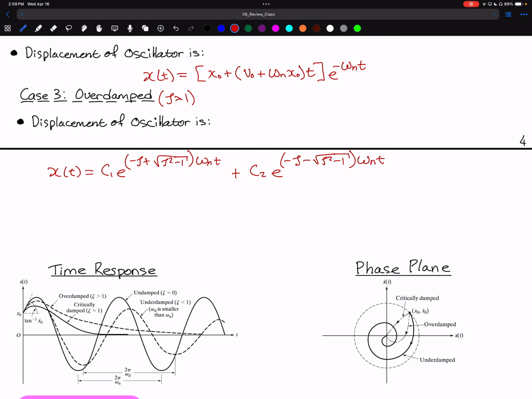And I believe that in this first term, there should not be a minus in front of zeta. It should just be zeta plus that square root.